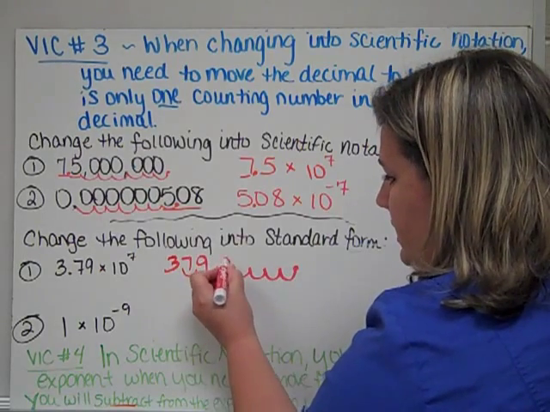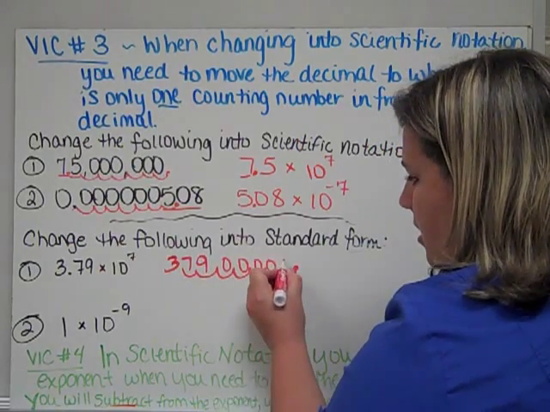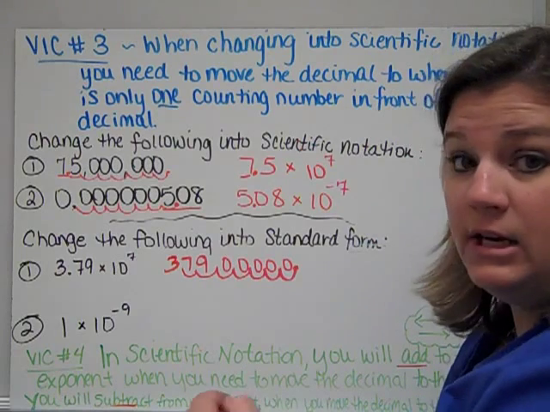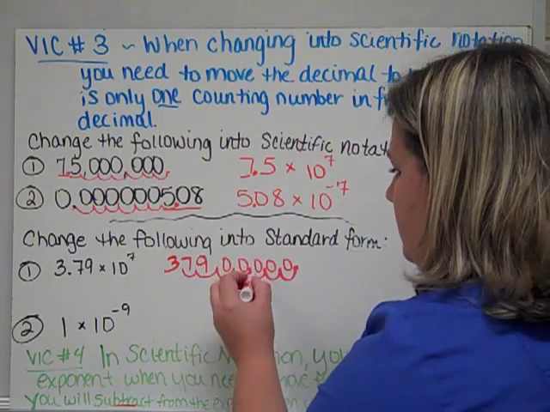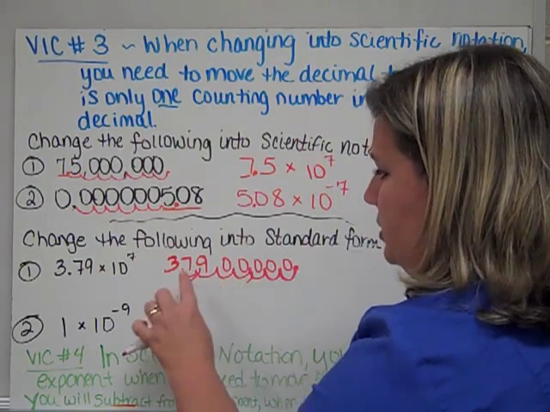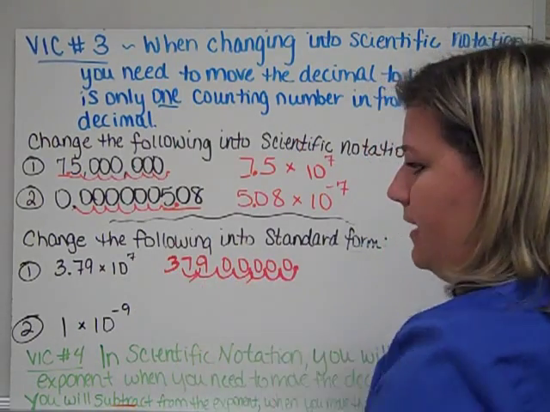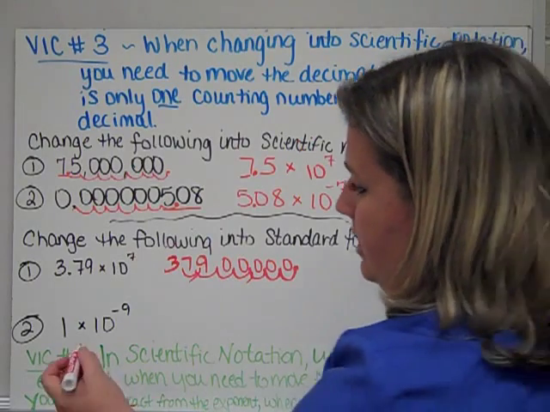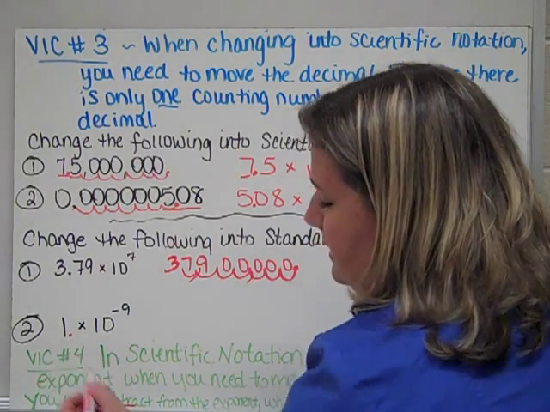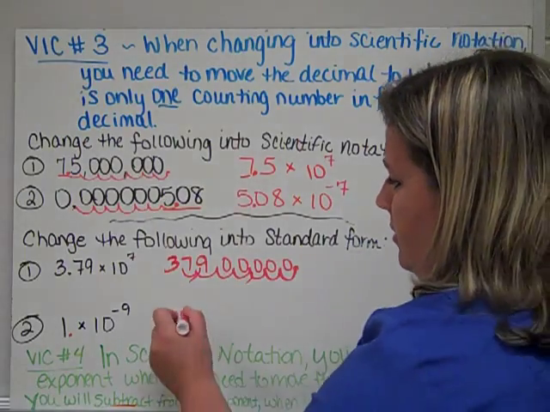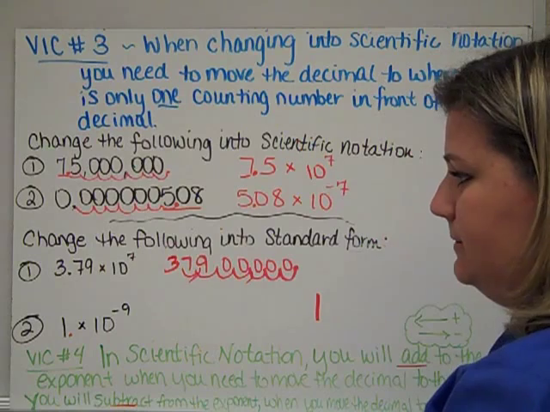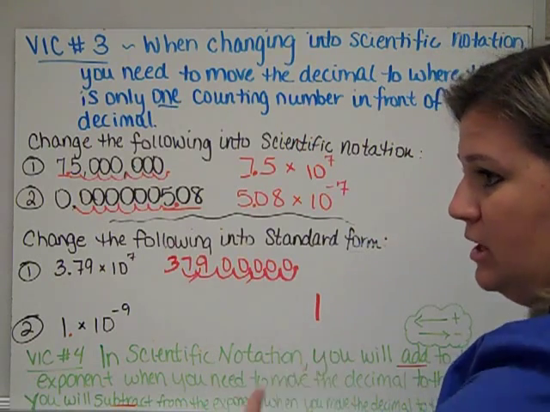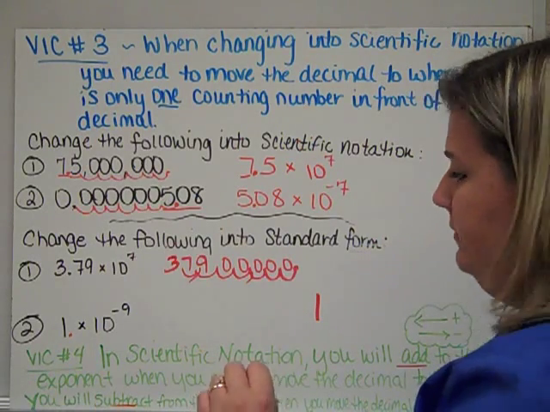So I'm going to fill in all the places that need the zeros, the placeholders. With the commas, that's 37,900,000. Now for this number, my decimal's sitting there. It says that is a negative 9 exponent, so I'm going to move to the left to fill in.